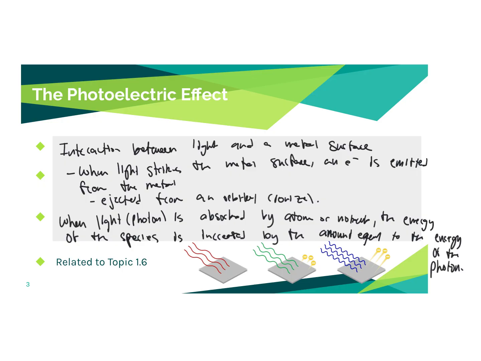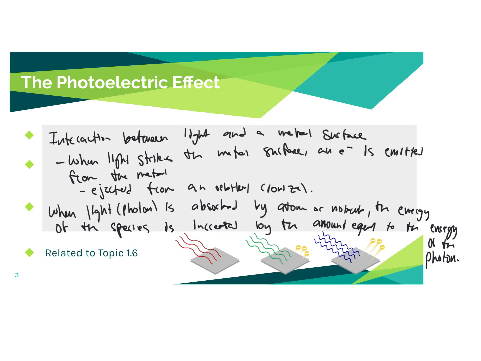So if I have a photon come in at a particular energy, my atom or molecule will increase in energy by that same amount. And equally, a photon emitted from an atom or molecule will decrease the amount of energy by that same amount.